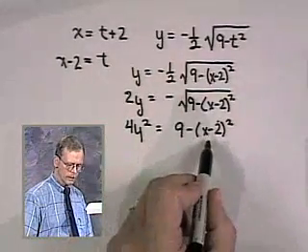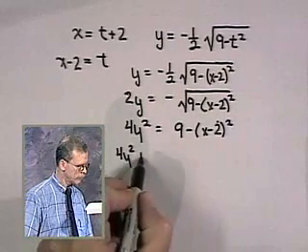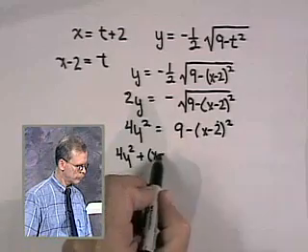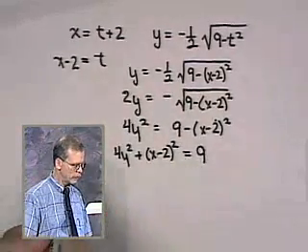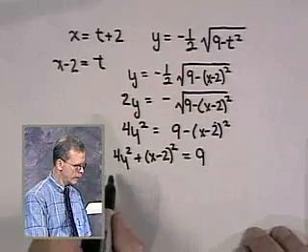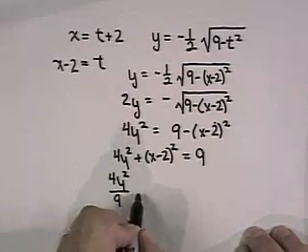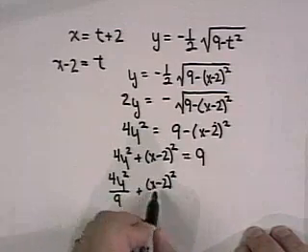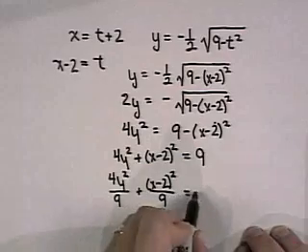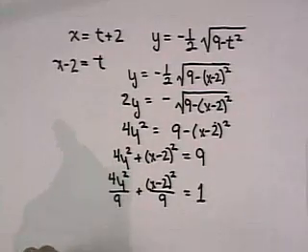Let's add the (x minus 2) squared to both sides. And finally, we'll divide both sides by 9, leaving us with 4y squared over 9 plus (x minus 2) squared over 9 equals 1. This is a more recognizable form of an ellipse.